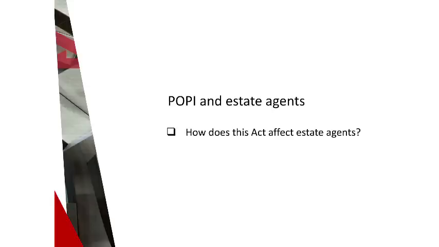POPI has changed the legal position in that a responsible person has to obtain the consent of the data subject prior to direct marketing. Importantly, the responsible person may approach the data subject only once for his consent. Existing clients may be targeted for direct marketing, provided that a person has on a previous occasion given his consent.